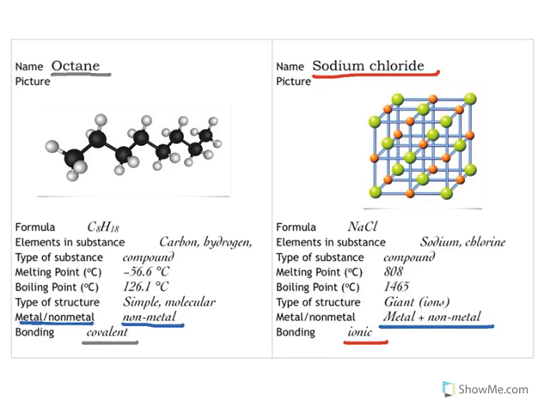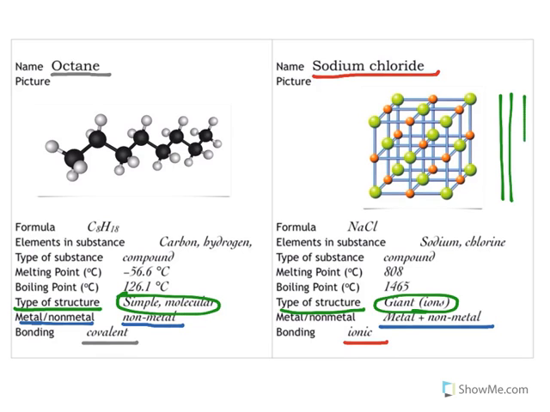So if we flip back and then look at something different, the type of structure that they make, we see that covalent substances tend to form simple molecular structures, whereas ionic compounds form giant ionic structures. Like we have here in sodium chloride, this could just keep building up on and on and on in the same pattern, whereas for octane, this is it, finished.